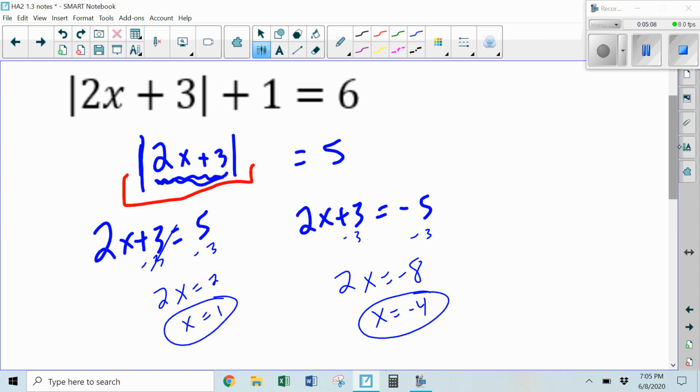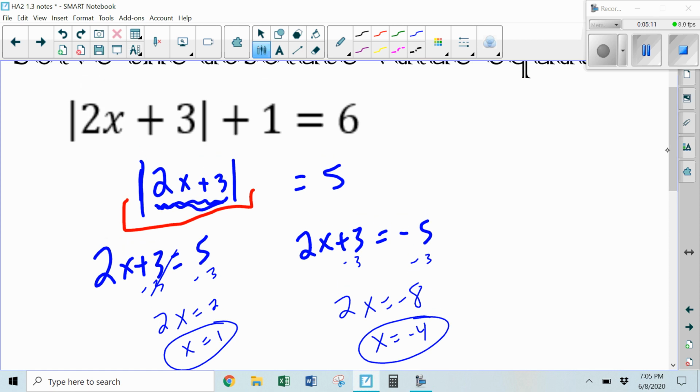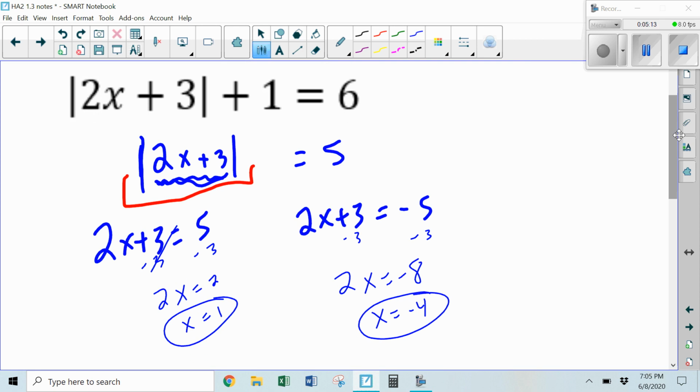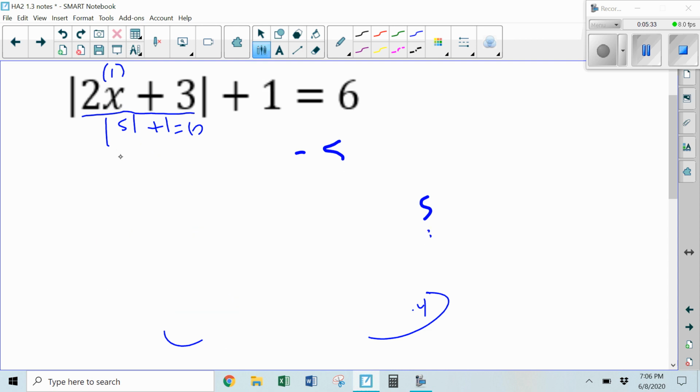Let's look at how we can check our answers. I know that you guys know this because you've done math for a while. We can check our answers by plugging it in. So let's plug in a 1 right here. Let's do this together. 2 times 1 is 2 plus 3. So 2 plus 3, that's 5. Absolute value of 5 is 5 plus 1 equals 6.